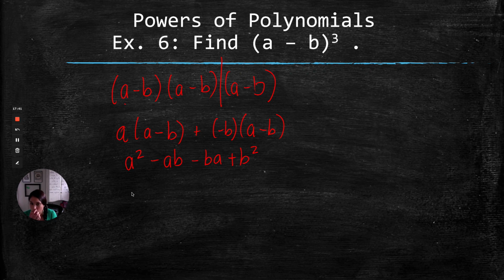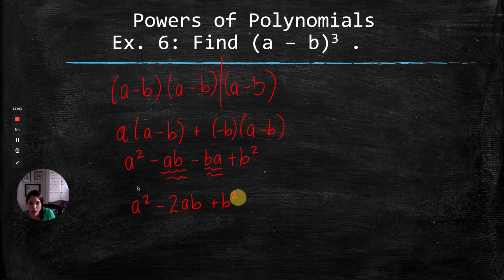I'm going to bring like terms together. Now these are like terms right here because of the commutative law, and it doesn't matter in which order you multiply these terms, so you can add these together. So this is a squared minus 2ab plus b squared.